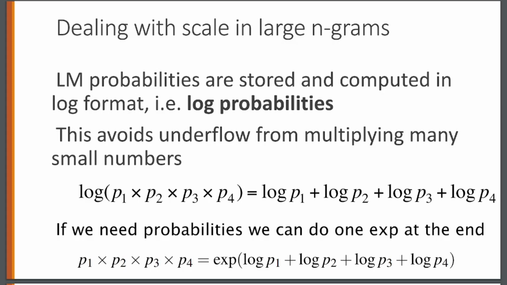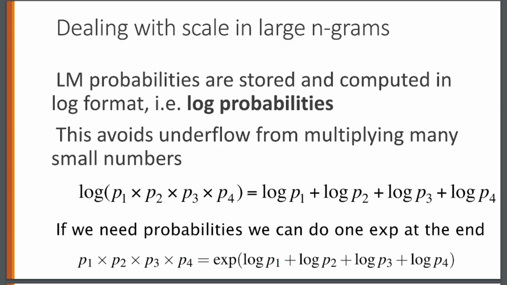If I were to calculate an n-gram that long, I'm going to be multiplying together a lot of probabilities. Probabilities are always less than 1, so the more I multiply together, the smaller and smaller that value gets, and eventually we're just going to run out of floating point precision, right? We're going to end up with probabilities that we can't easily represent in a program.